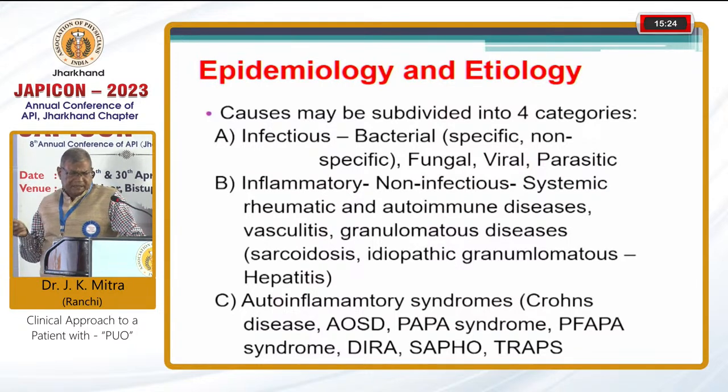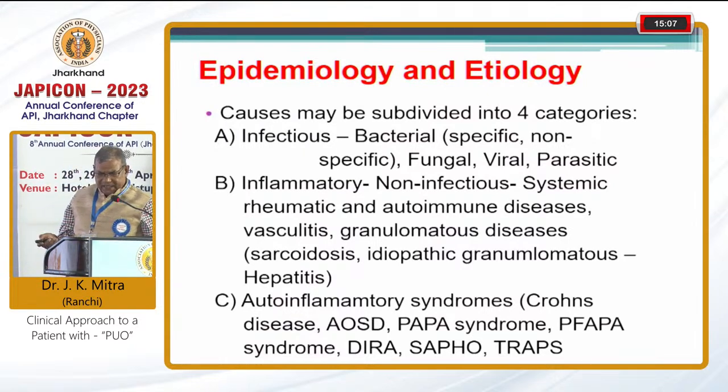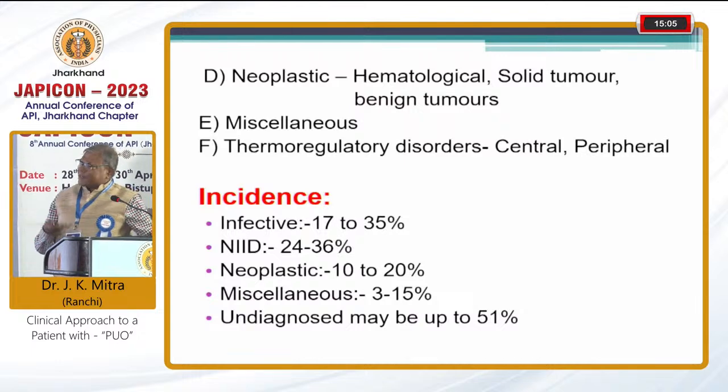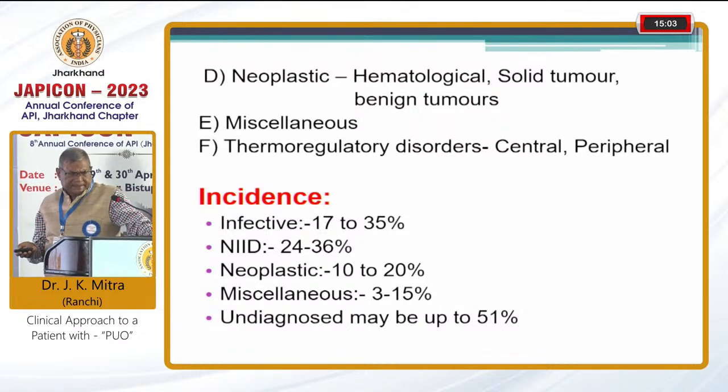In inflammatory, it can be non-infectious, systemic, rheumatic and autoimmune diseases, auto-inflammatory syndromes. A long list is there: Crohn's disease, AOSD, adult onset Still's disease, which we are talking about in this case, then PAPA syndrome, PFAPA syndrome, DIRA, SAPHO, TRAPS, so many syndromes are there. Then neoplastic, hematological, either solid tumor or benign tumors. Miscellaneous, then thermoregulatory distress, either central or peripheral.